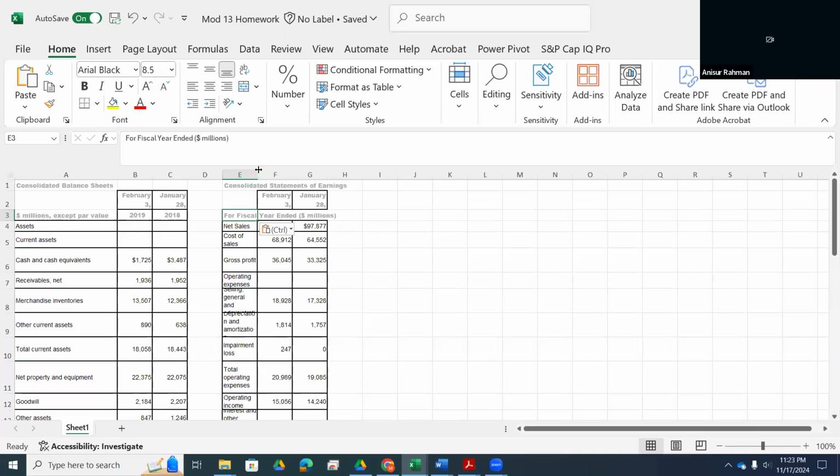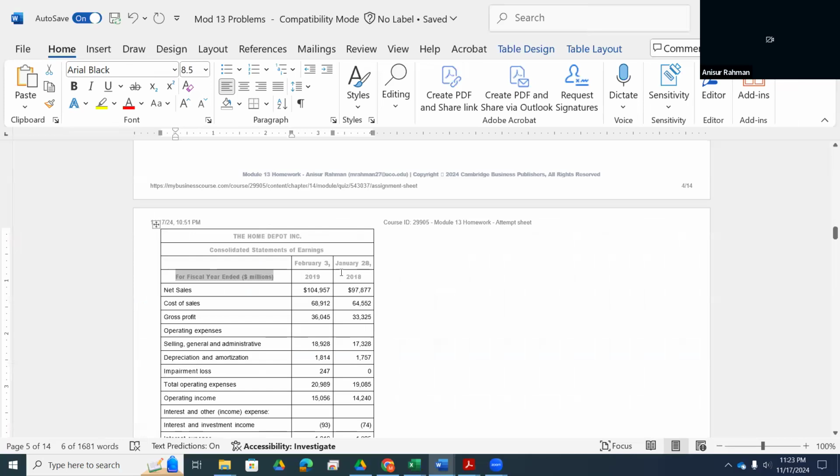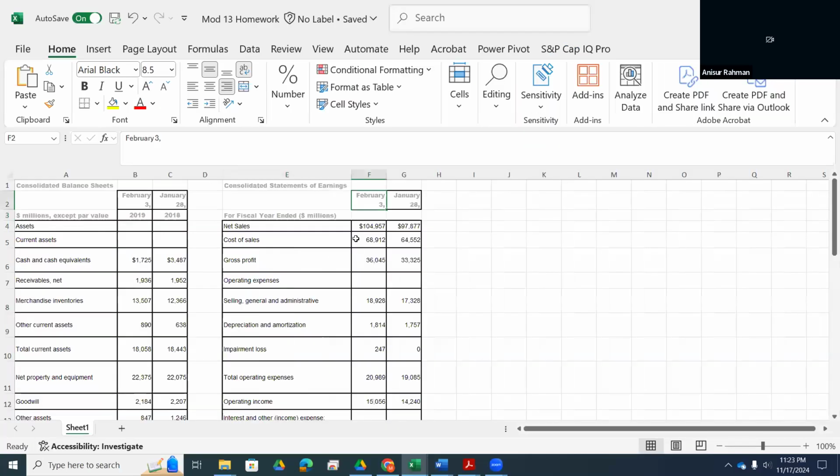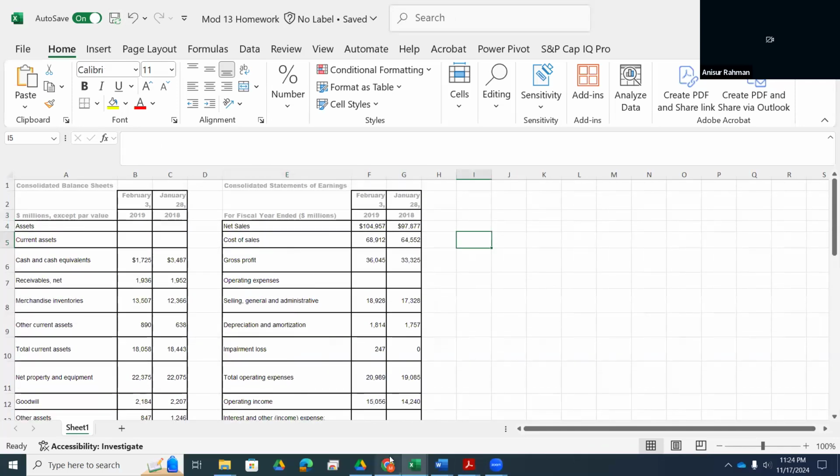Control V will paste. Okay, I think we are good. We should be able to solve our problem with this. So this is our balance sheet. This is our income statement.